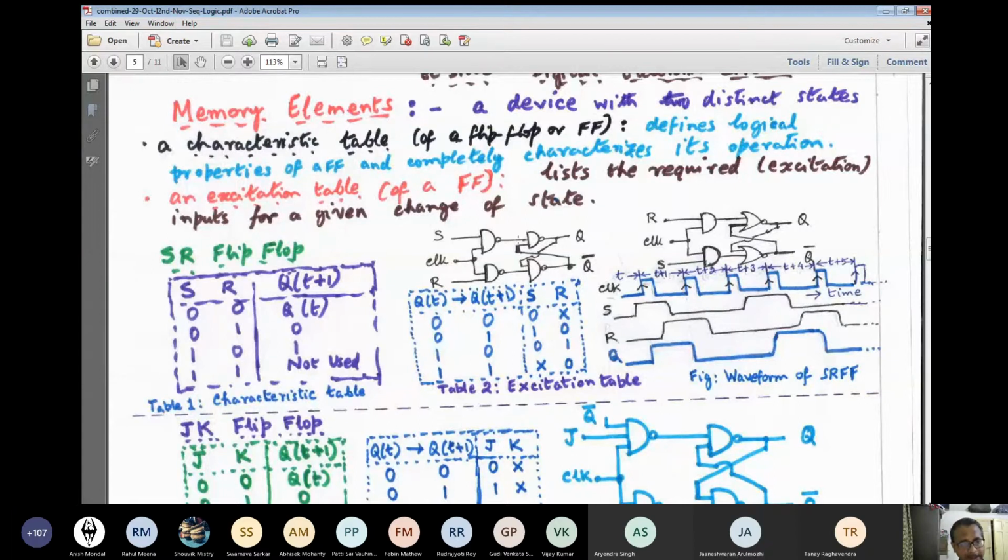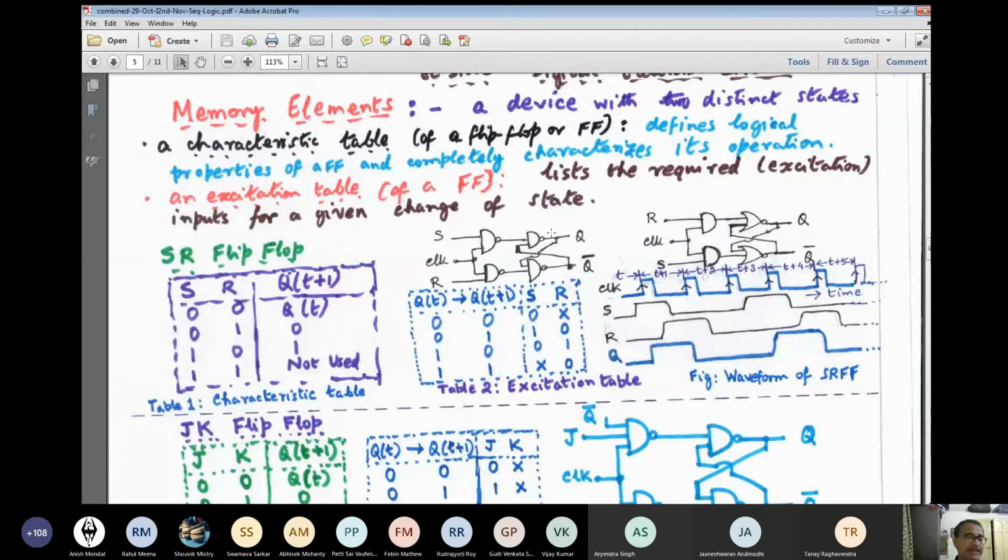Also for the second NAND gate, both of the inputs are logic 1, so this should come to 0. Now one of them will come to 0 earlier. Suppose the top NAND gate is faster than the bottom NAND gate, then what will happen? The output will reach 0 earlier than the bottom NAND gate. The moment it reaches 0 earlier, 0 will appear here, and this will force this to remain 1. So now it will become 0, and this will become 1.